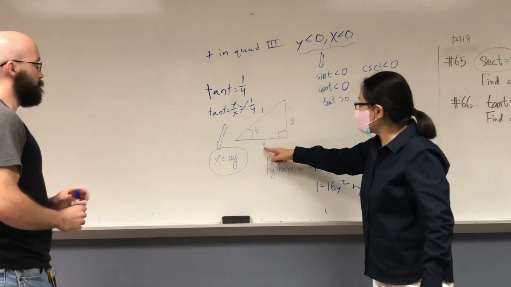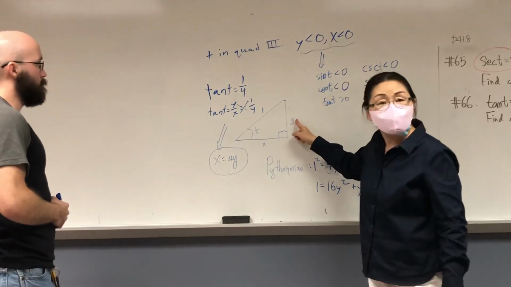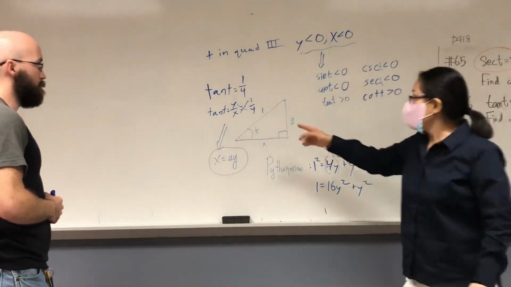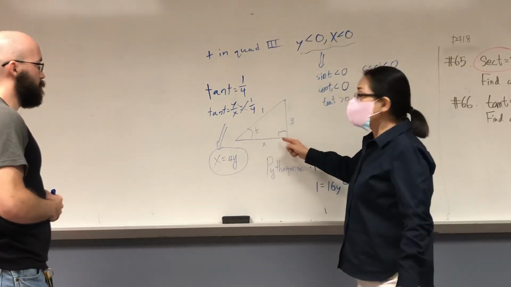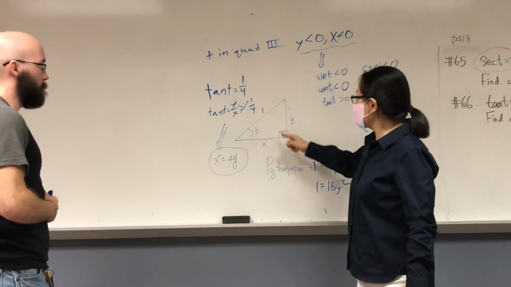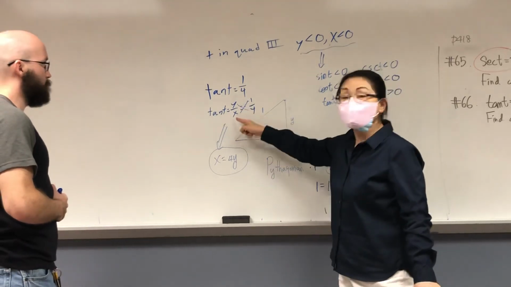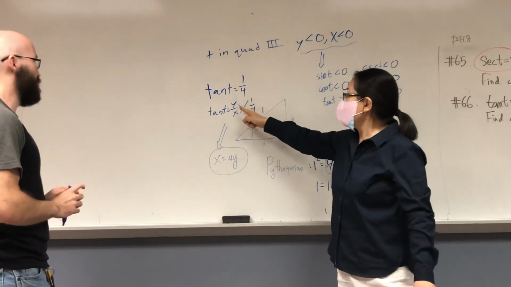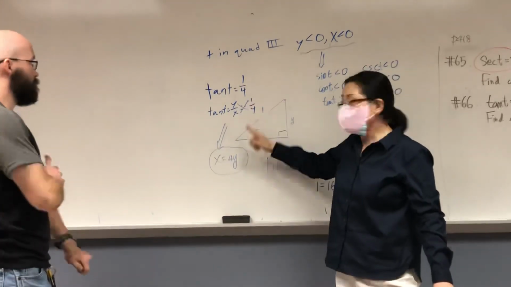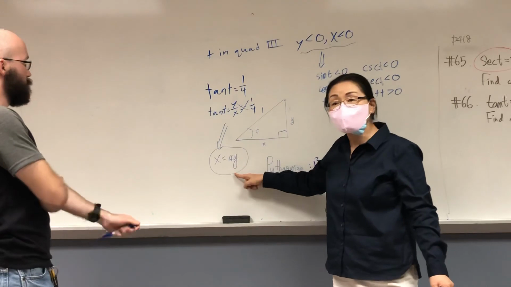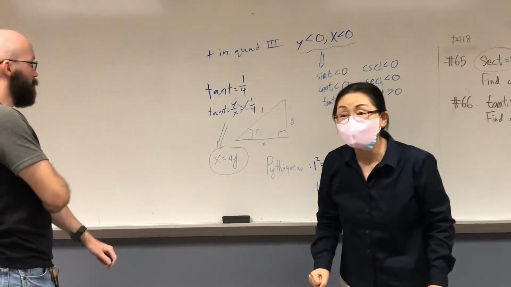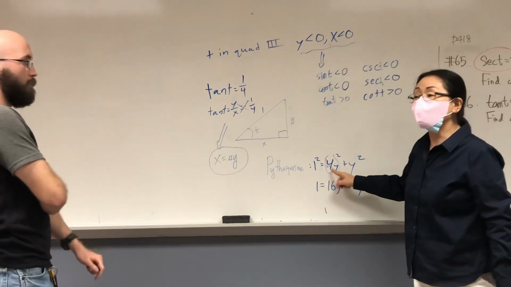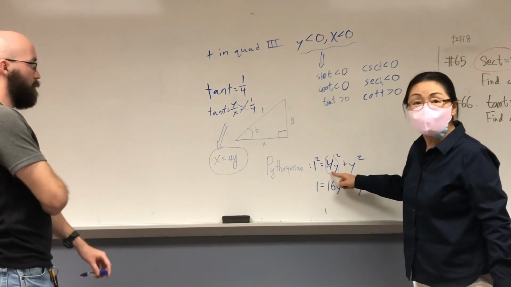Now, we know this one should be negative, this one should be negative. But we don't know what is x, we don't know y. From this triangle, tangent means y over x. Good job. And then y over x is 1/4, so we can make x equal to 4y, isn't it? And then put 4y instead of x, and then only one variable.